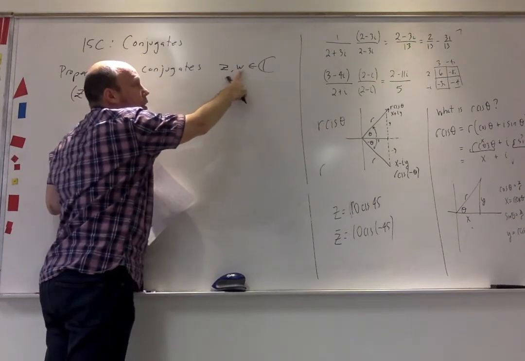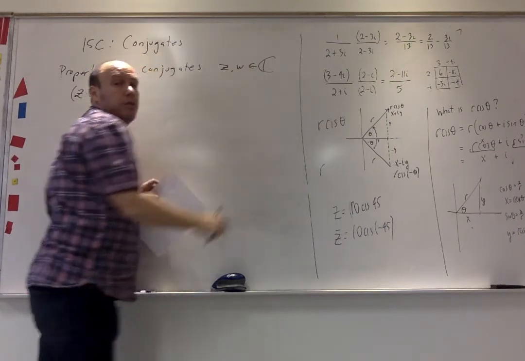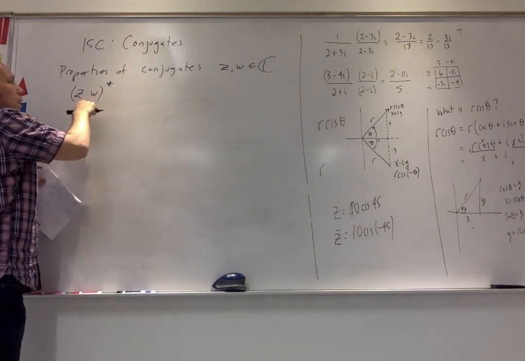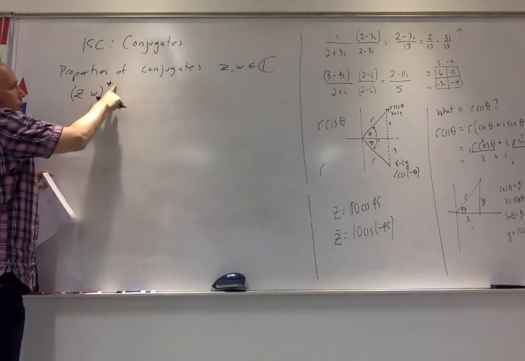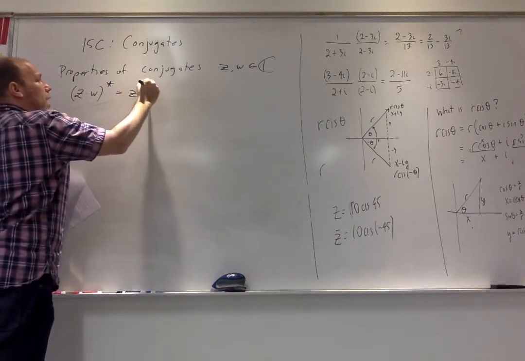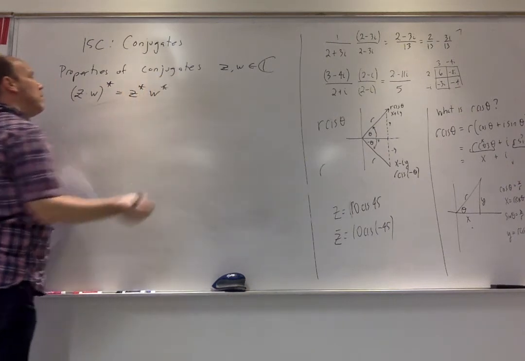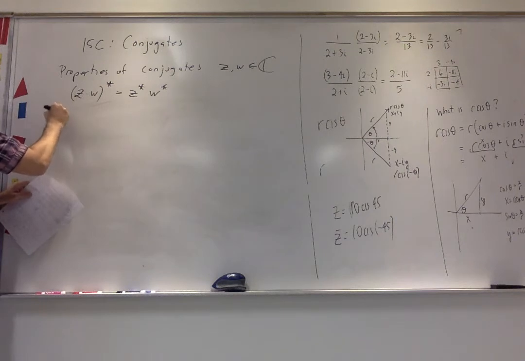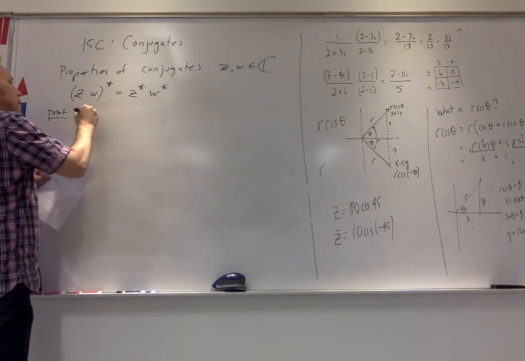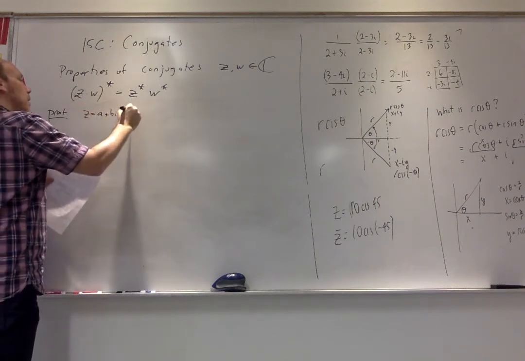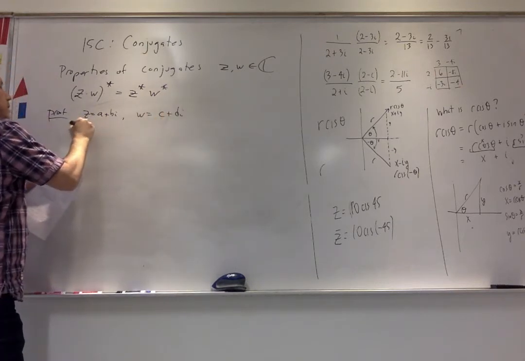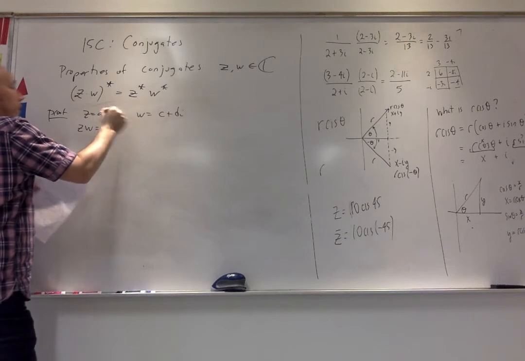Z and W are elements of the complex numbers, and I want to show that the conjugate of the product of two complex numbers is equal to the product of the conjugates. You might actually be asked to prove this on the exam. So let Z equal A plus BI, and let W equal C plus DI. Z times W is like the FOIL method.